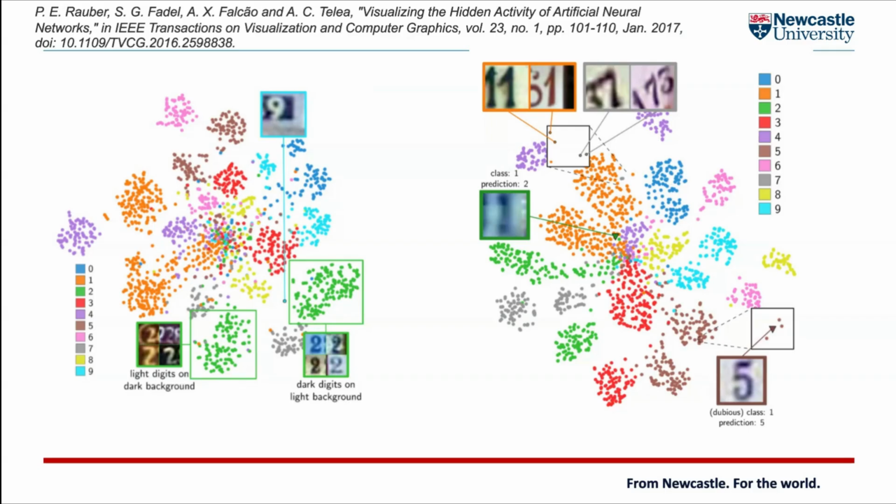They are both 2s, labeled as 2s, but the reason why they're separated, i.e., the reason why the network has learned these two things as different activation profiles, is that one set of the 2s is on a dark background and one set of the 2s is on a light background. Yep.